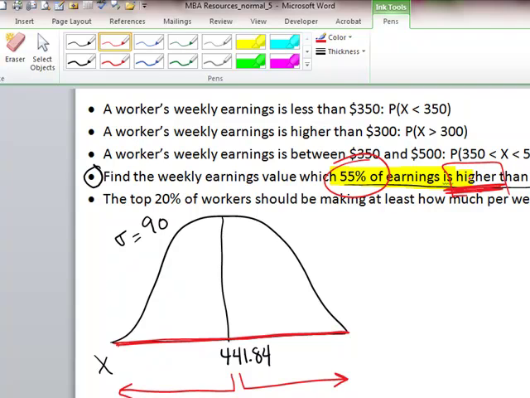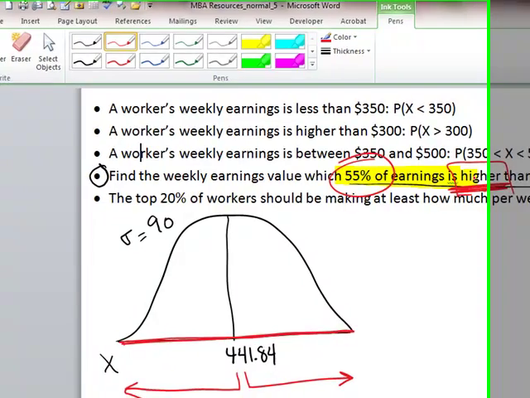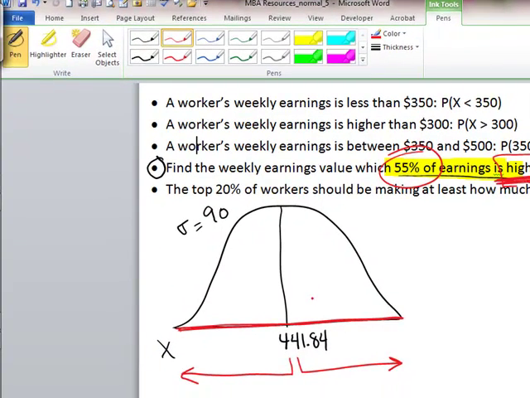My logic and my knowledge of the normal curve should help me. I know the right half of the normal curve has 0.5 probability, or is 50% of the area under the curve.